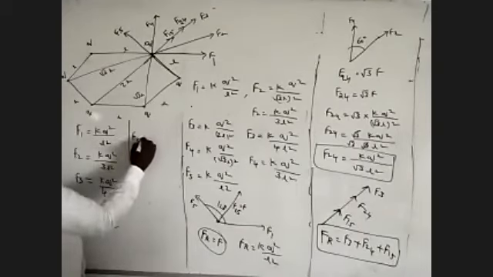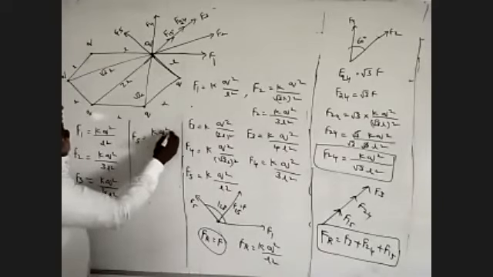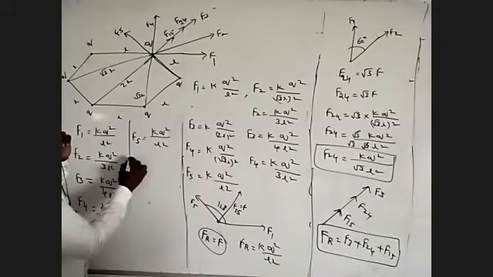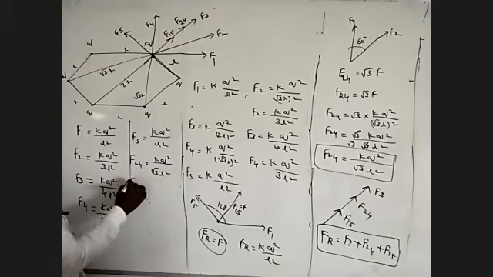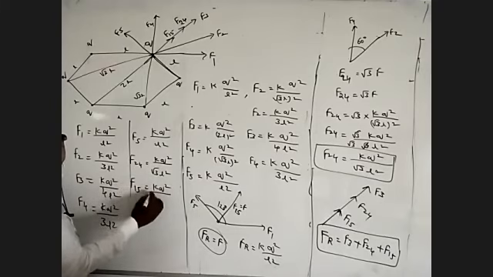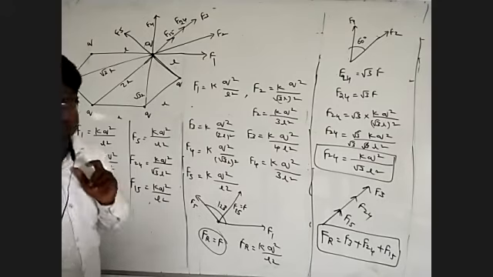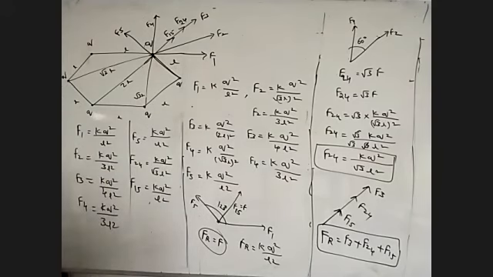F5 means K into Q squared by L squared. F24 is equal to K into Q squared by root 3 L squared. F15 is equal to K into Q squared by L squared. That is your whole process.